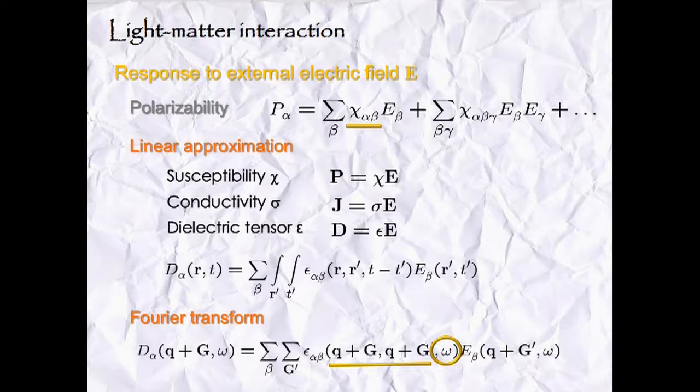So as long as we can compute the dielectric tensor, the dielectric function, we have access to all kinds of frequency ranges. So this is the object of desire, epsilon_GG'(omega), but there's also a q, and this q is the momentum transfer.